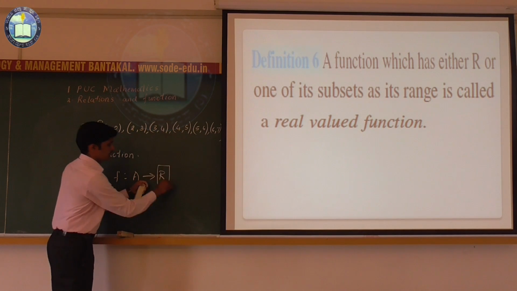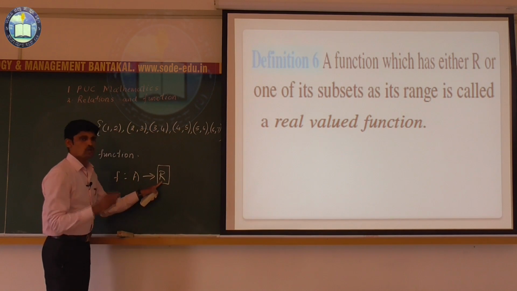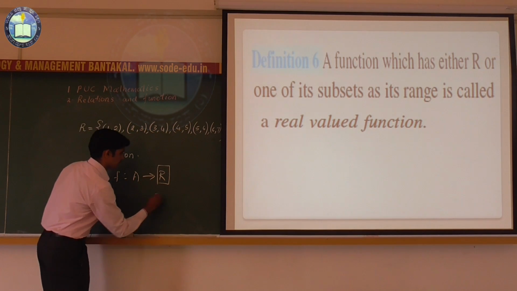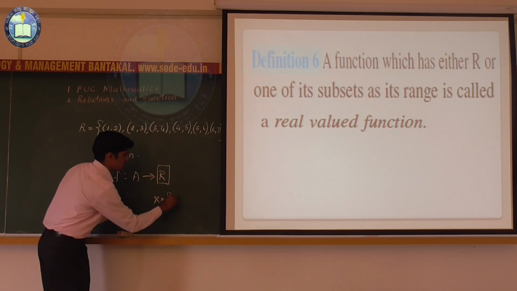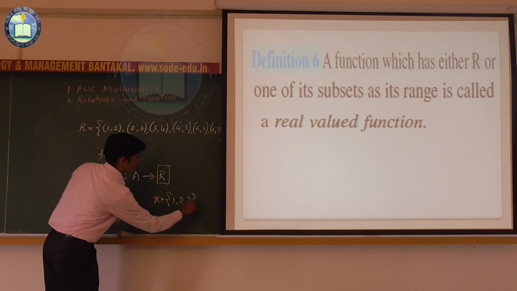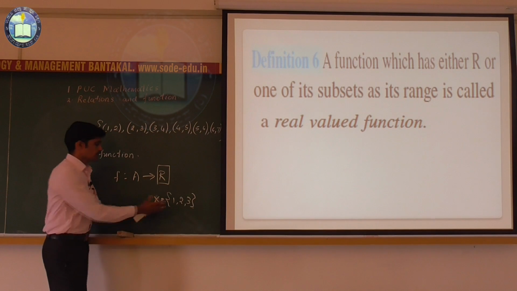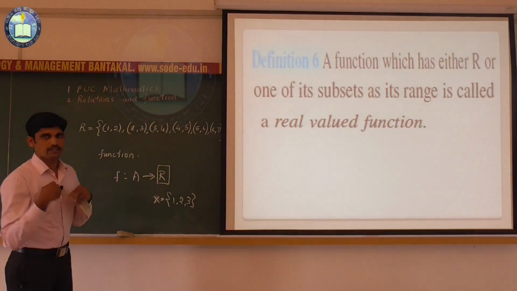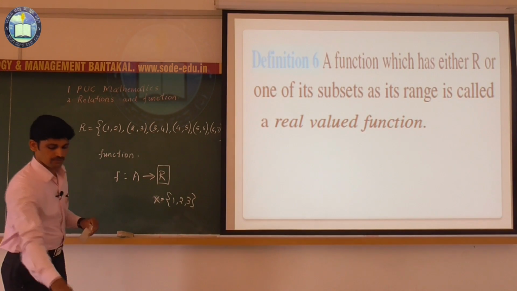This codomain must be a set of real numbers or a subset of real numbers, maybe integers or a few integers, like set x containing the elements 1, 2, 3. This is also a subset of real numbers. If codomain is this type of set, then it is called a real valued function.